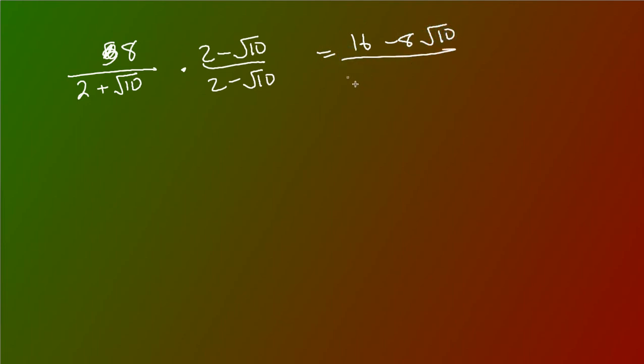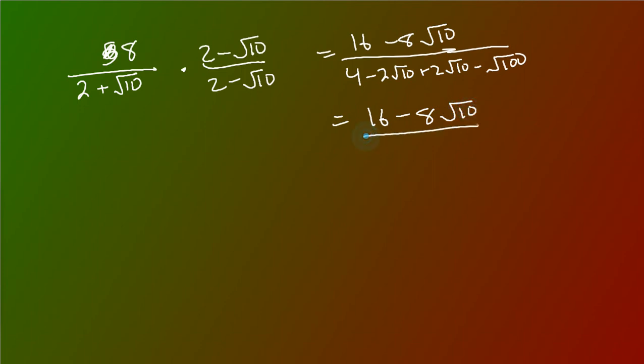And at the bottom, I'm going to get a lot of different stuff. But when I multiply it out, this is what I get. Okay, so at the top, I have my 16 minus 8 root 10. And at the bottom, I have 4. Those cancel. And then square root of 100 is 10.